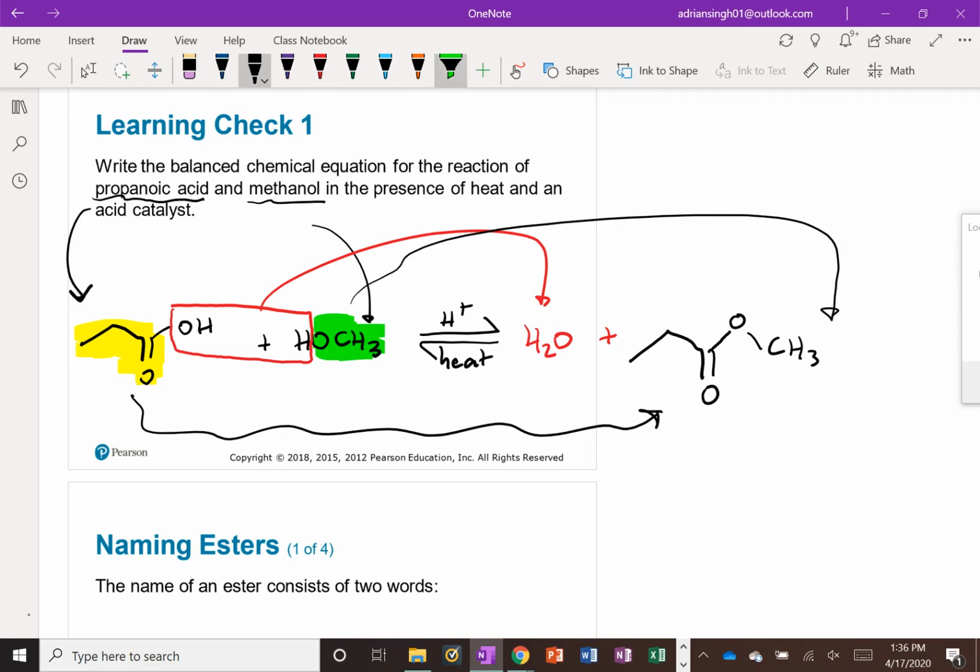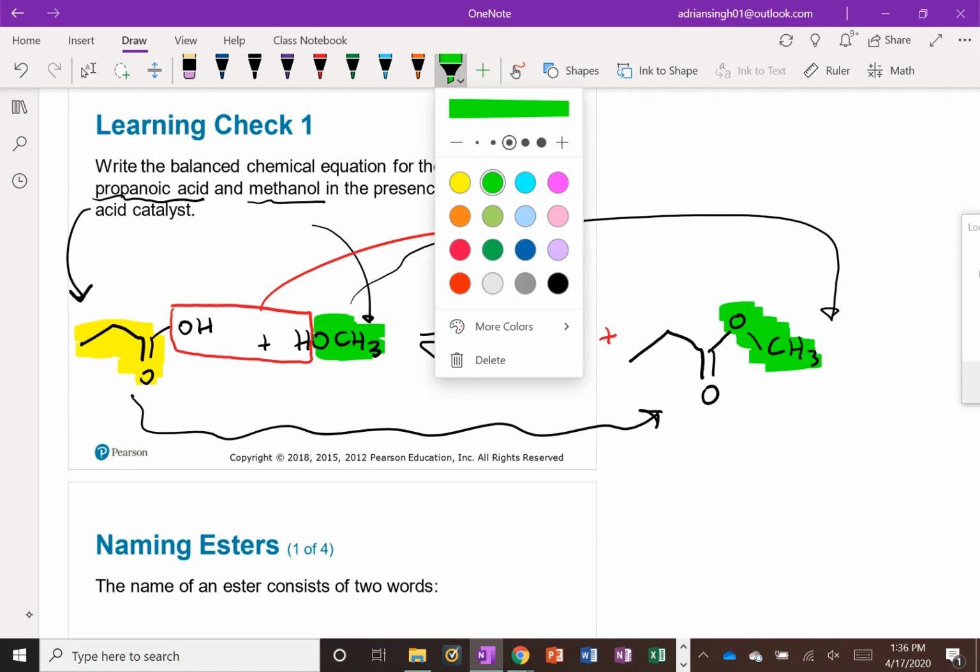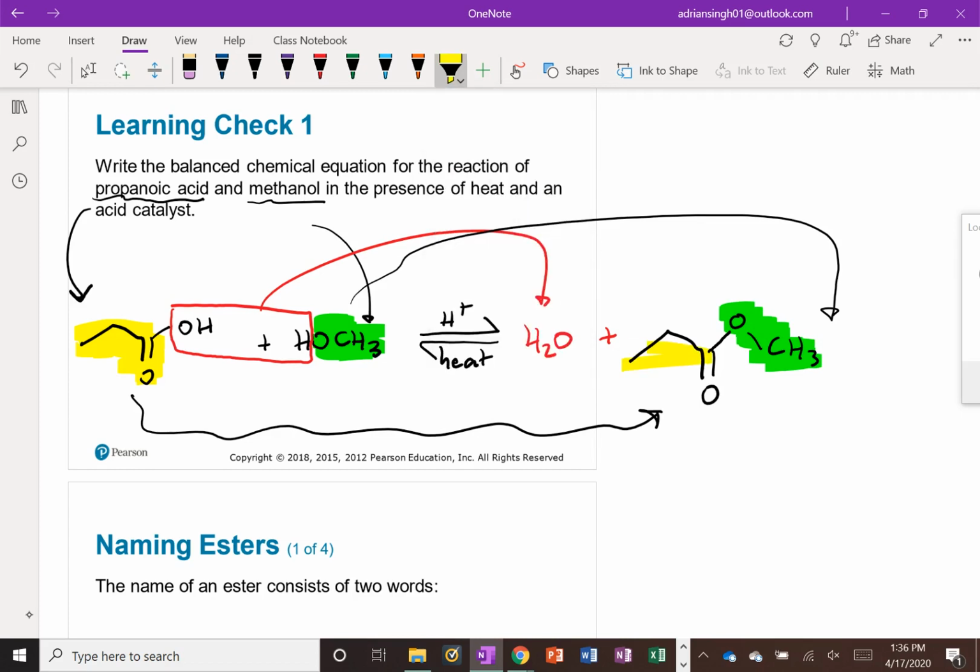Then I'm just going to link that new bond between the acid and the alcohol. So there is the part of the molecule of the ester that comes from the alcohol, and then in yellow we have the part that came from the acid, and the new bond that I made was this bond right here.